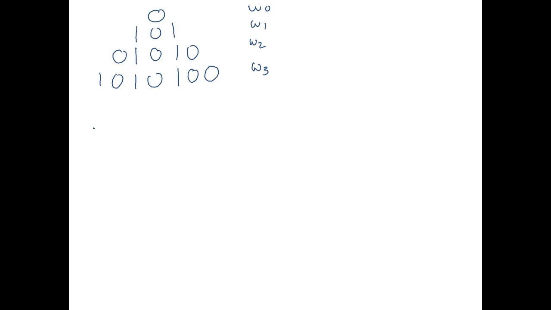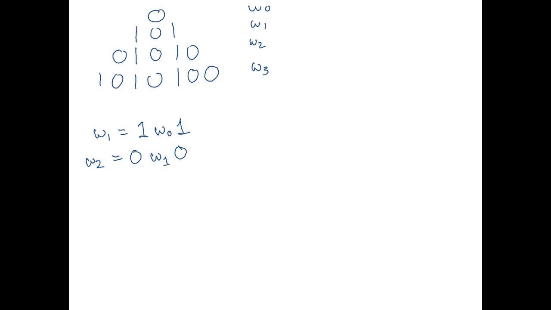Okay, so W1 is actually equal to 1 concatenated, let me make these ones, 1 concatenated to either side of W0. Likewise, W2 is a 0 concatenated to either side of W1.